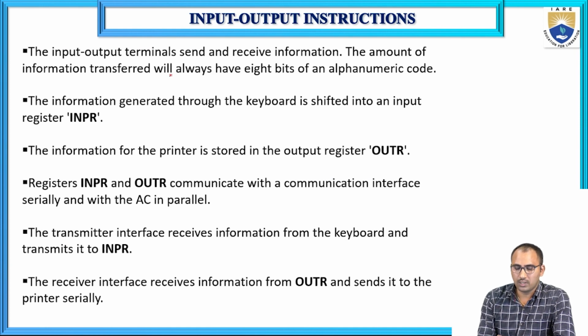The input and output terminals send and receive information. The amount of information transferred will always be an 8-bit alphanumeric code. Whenever we press any key on the keyboard, it generates an 8-bit alphanumeric code.